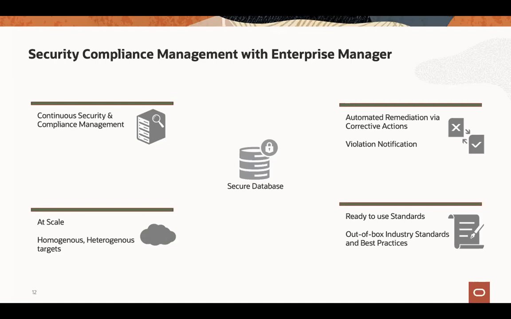You get a UI, or even an automated way if you don't want to do it through the CLI. For each type of violation, you will have very specific remediation that you can define as part of corrective actions to get it resolved. And you could do all of this with ready-to-use compliance standards that are available out of the box with Database Lifecycle Management Pack.